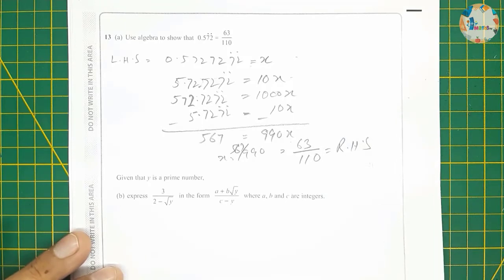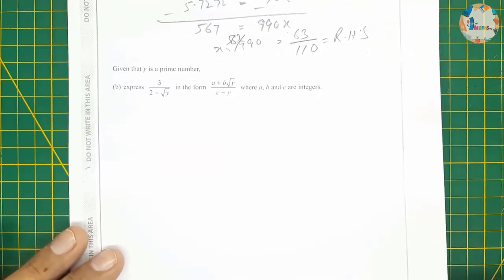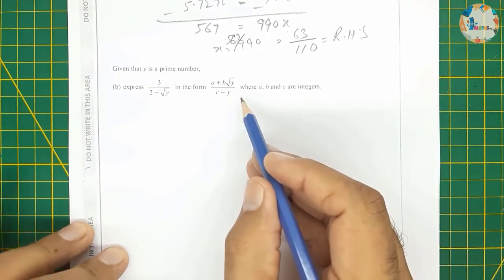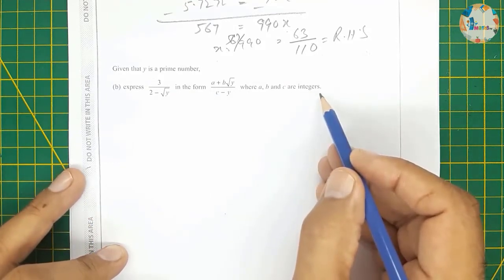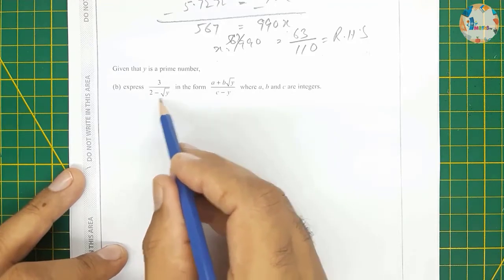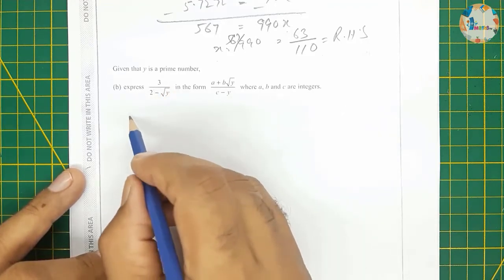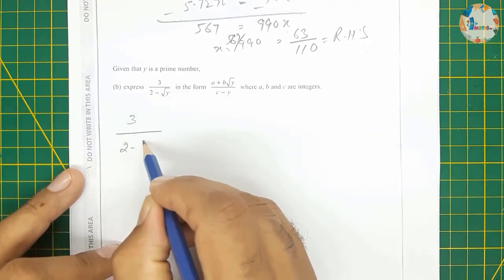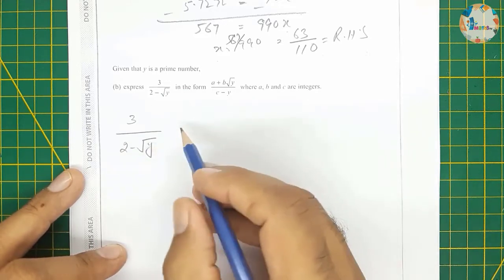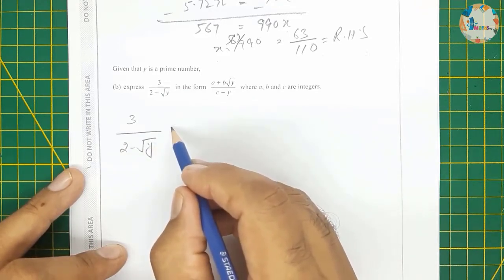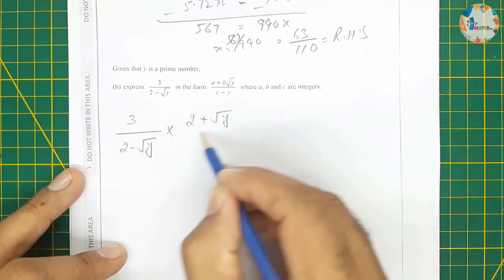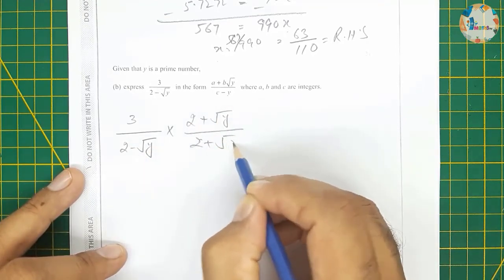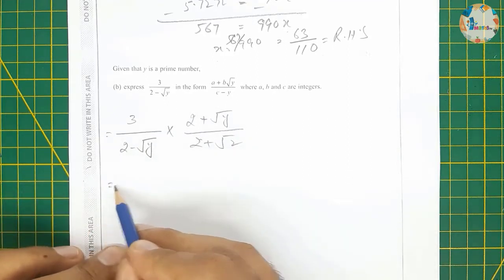Given that y is a prime number, express this in this format where a, b, c are integers. So basically we don't require the denominator, so we'll have to rationalize. So 2 minus under root y, and we can rationalize by multiplying by 2 plus under root y over 2 plus under root y. This is known as rationalization.